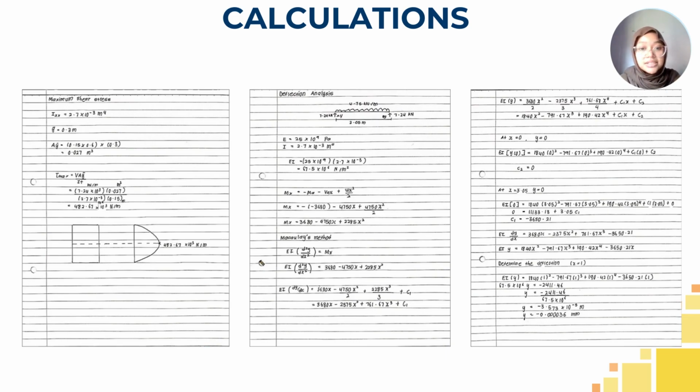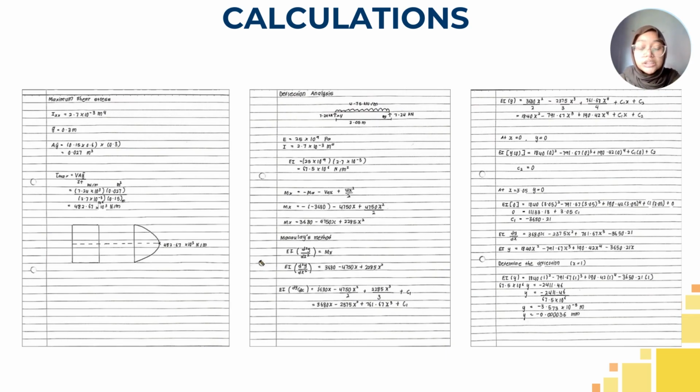Jadi MX sama dengan negatif saya letakkan dalam kurungan, negatif 3680 saya tolakkan dengan 4750 X saya tambahkan dengan 4750 X kuasa 2 bahagikan dengan 2. Hasilan dapatan dia adalah 3680 saya tolak dengan 4750 X saya tambahkan dengan 2285 X kuasa 2. MA dengan V tu saya dapat daripada bending moment dengan shear force diagram.